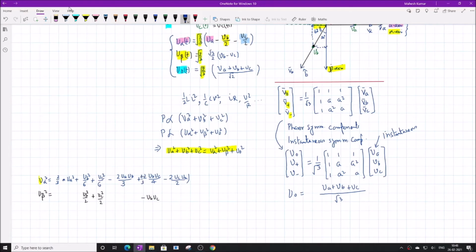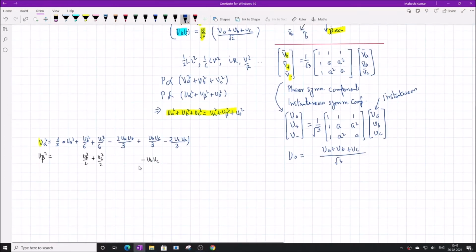So 2, 4, 4 go with this, we have only Bb Bc by 3. So this all will go away, we will have by 3. And this is again minus 2 by 3, but multiply 2 by 3 factor. So it becomes by 3. Okay, so this is the square of B alpha and square of B beta, B alpha square, B beta square.